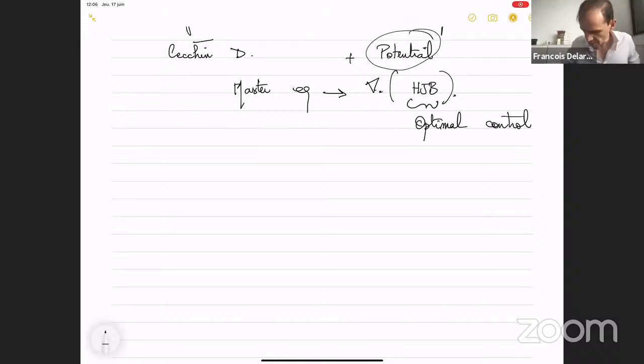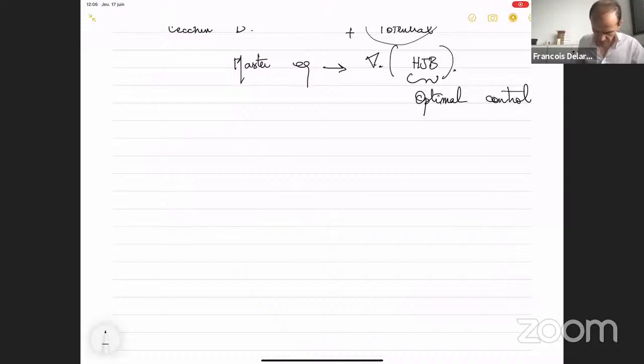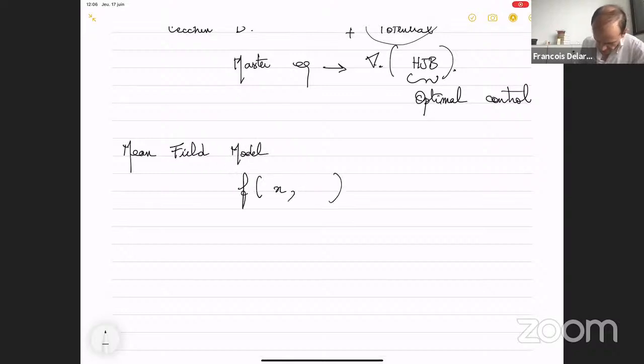Yeah, absolutely. Thank you. So this is a very nice question. In fact, this is something I have not said. When you have the mean field interaction, I put in the mean field model a cost of this shape, so F of mu and X, and I told you mu is the state of the population.